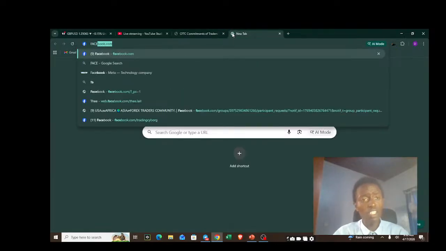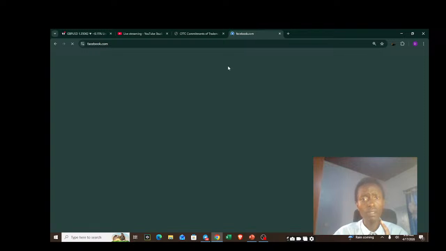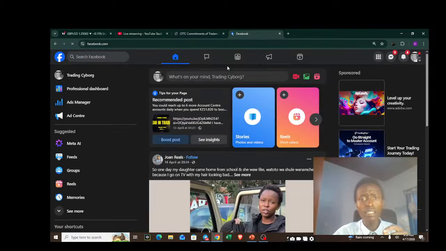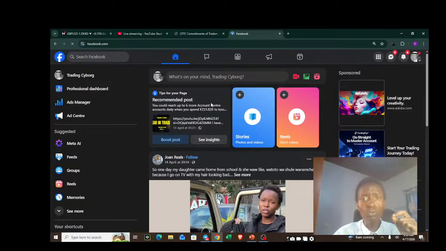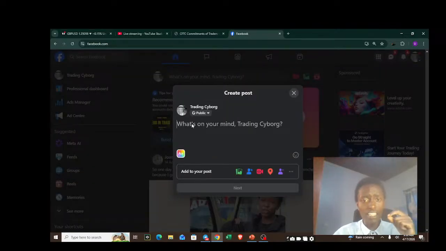So CFTC is not only an important document, it's a document which you should be checking all the time, because the data which is put there is from hedge funds, and they are mandated to give us this information whether they like it or they don't like it.